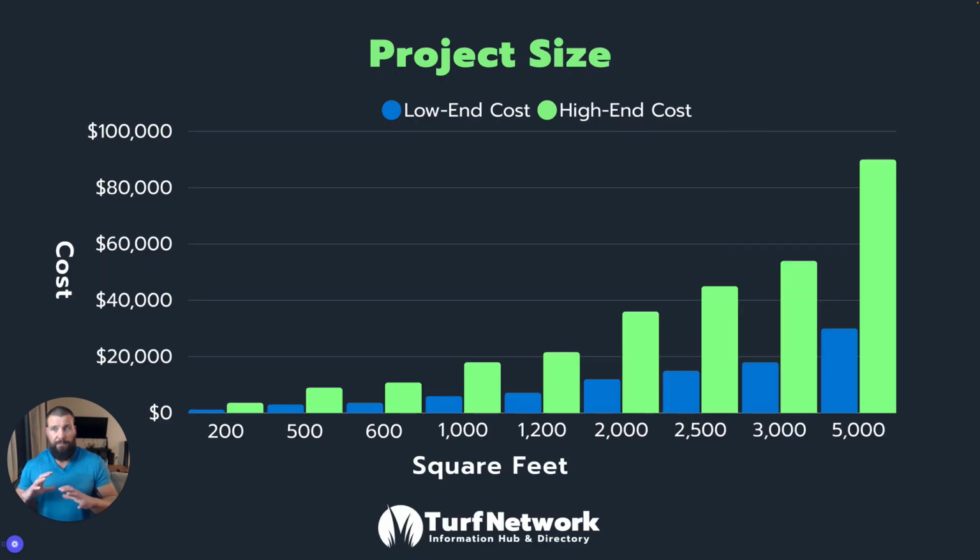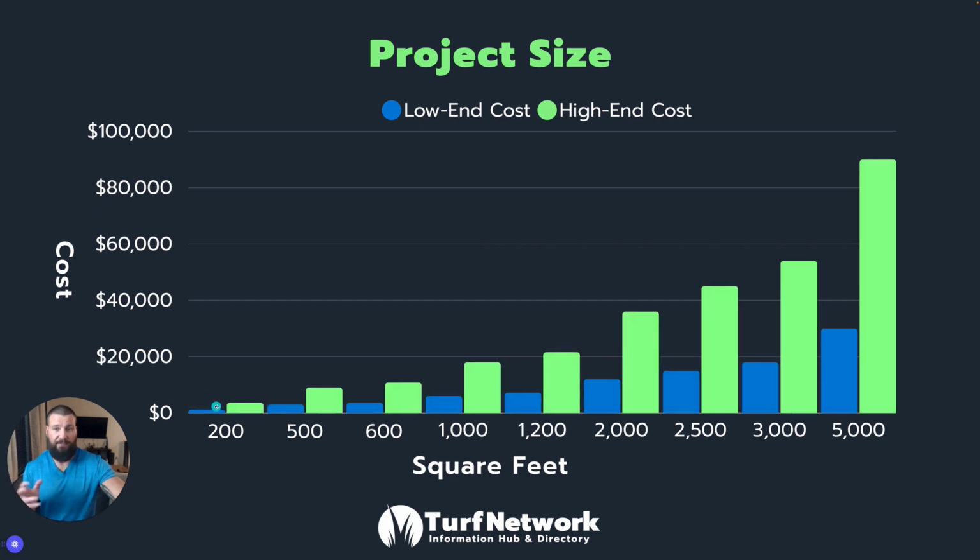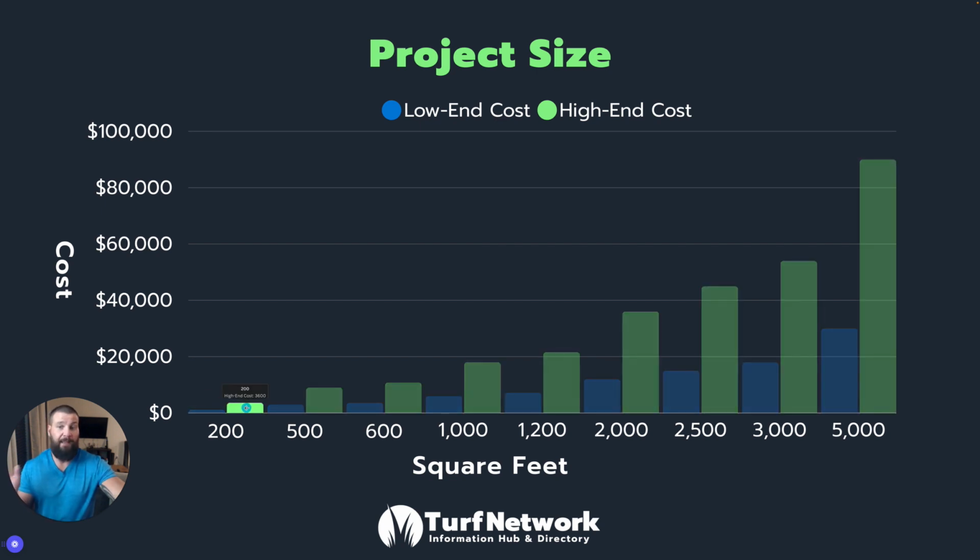So this is just showing the difference in cost for different size projects. Starting down here at 200 square feet, you're looking at around $1,200 for a 200 square foot artificial grass installation on the low end. The high end for 200 square feet would be about $3,600.